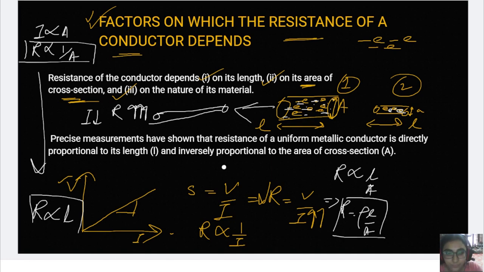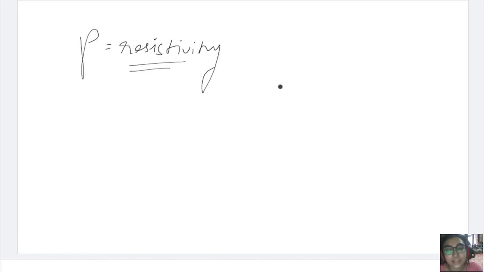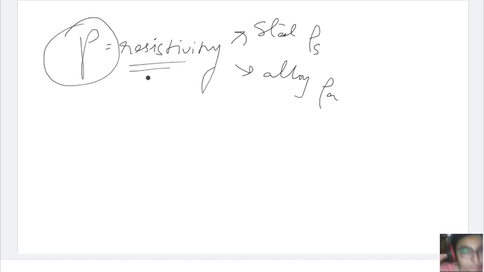What is rho? Rho basically stands for resistivity. Rho is resistivity. It is a characteristic property of a material. So every metallic wire, be it made of steel or any alloy, their rhos will be different. Rho is a characteristic property of a particular metal or material.